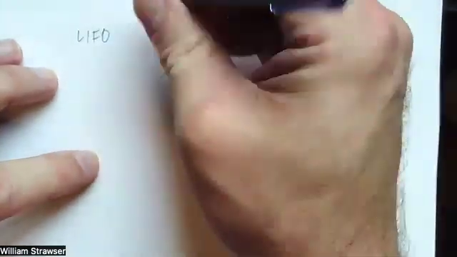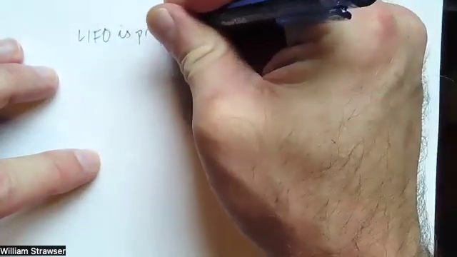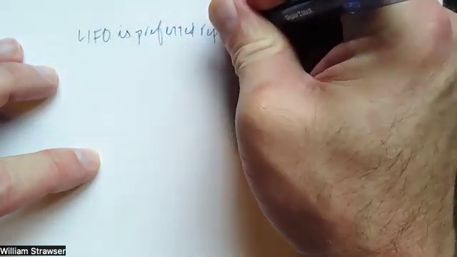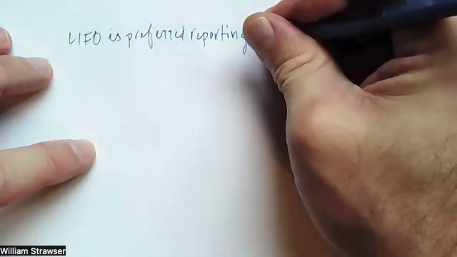So there's a strong preference to use that instead of FIFO or weighted average cost. Now, LIFO is desirable to report. So it's the preferred reporting method. But companies don't like it in terms of recording at times.